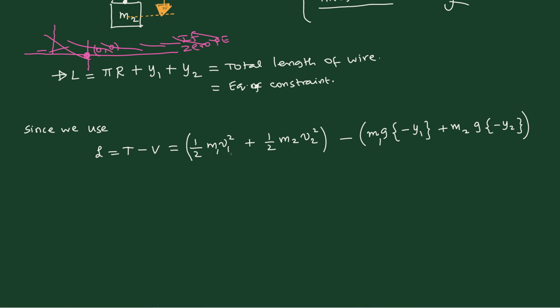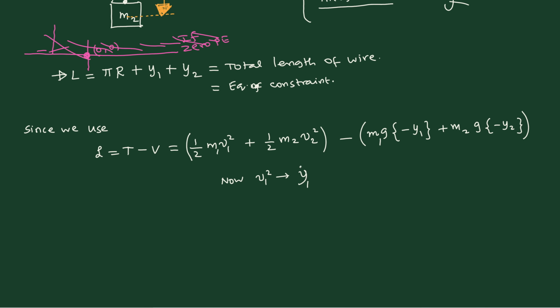But here, as you see, v1 and v2 are coming. So in the last class we have seen we should not use the symbol v. So we will have to convert it into an appropriate coordinate system that we are using. So now what is the symbol that we are going to use? Instead of v1 square, we will be using y1. y1 is the coordinate we have.